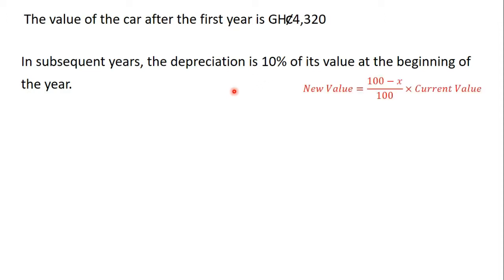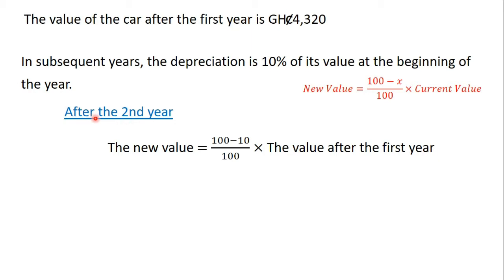So here, the value of the car after the second year is going to be 100 minus the new rate of depreciation, which is 10, divided by 100 times the value of the car after the first year, because that is the current value of the car.